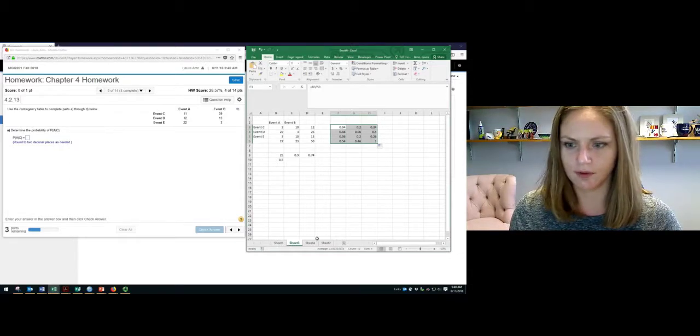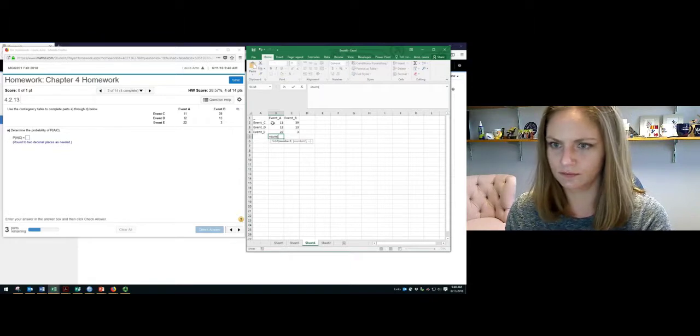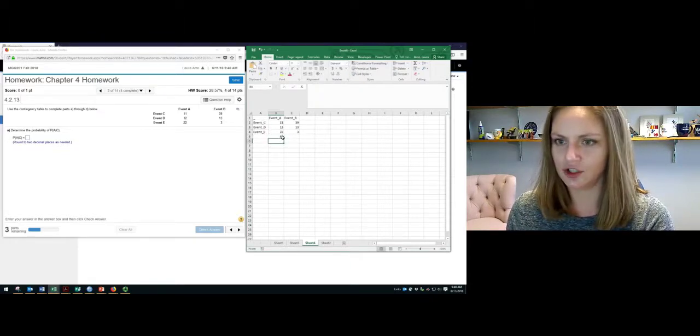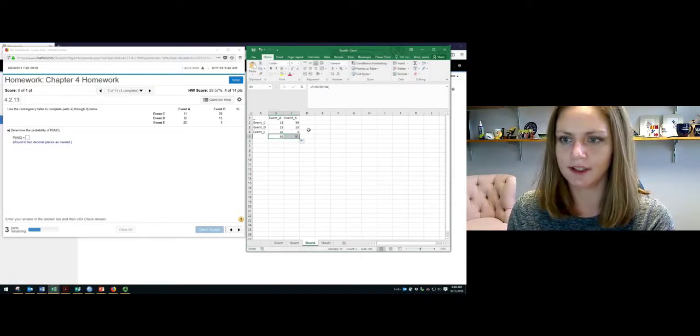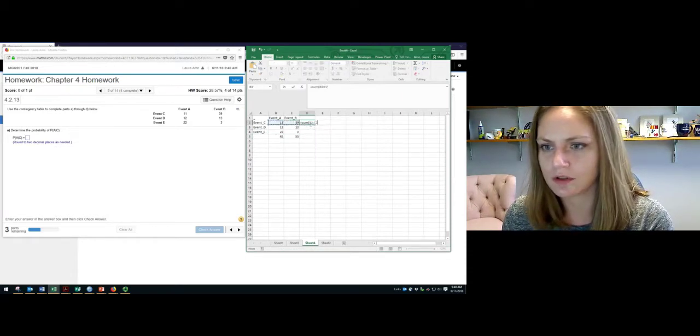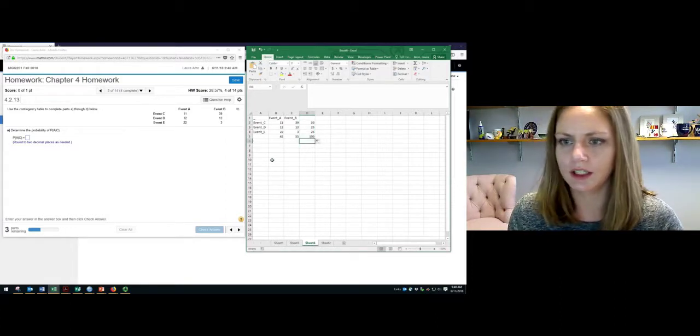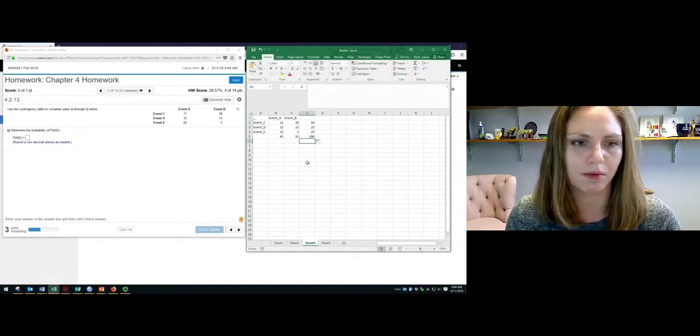So these are the actual probabilities. I'm going to do that for this next one as well. And in that case, at the end, you wouldn't necessarily have to divide by 50 because you already have your totals included in the problem, or in the probability.